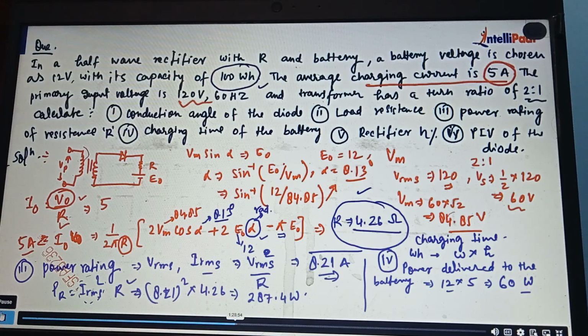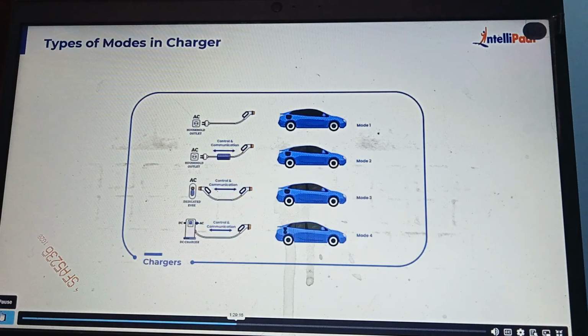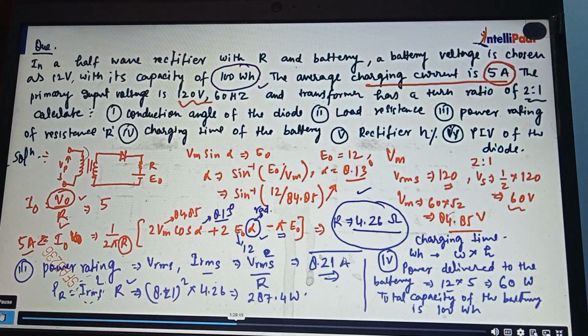100 watt hour. So total capacity of the battery is 100 watt hour. How we can calculate the time?